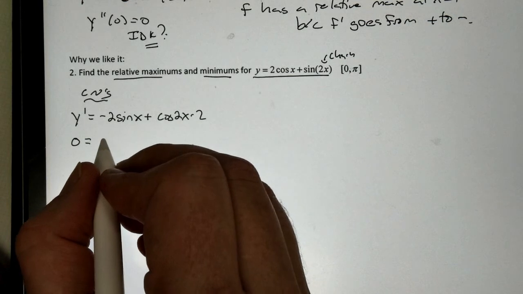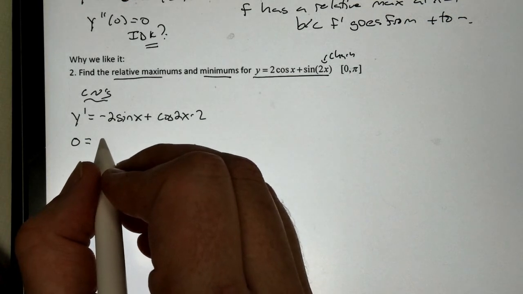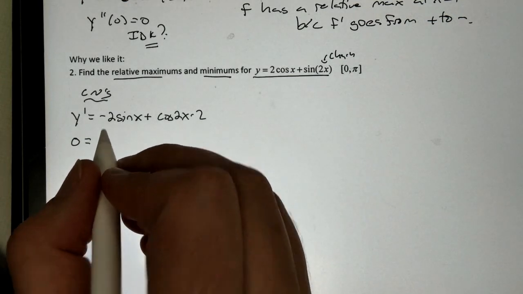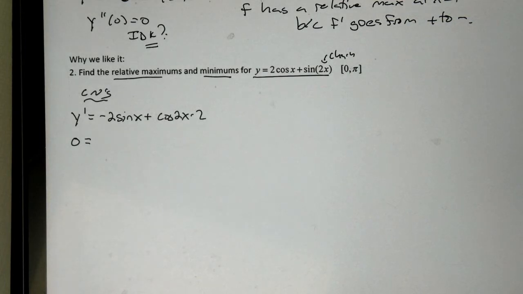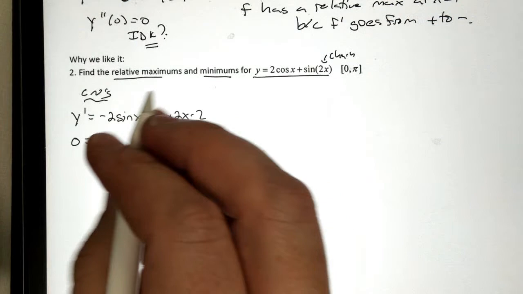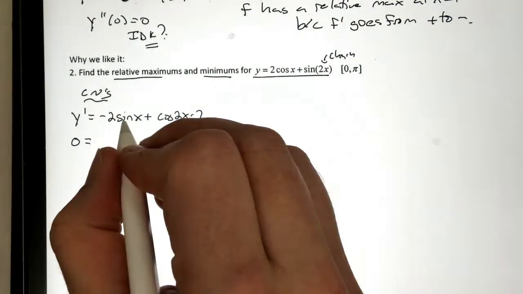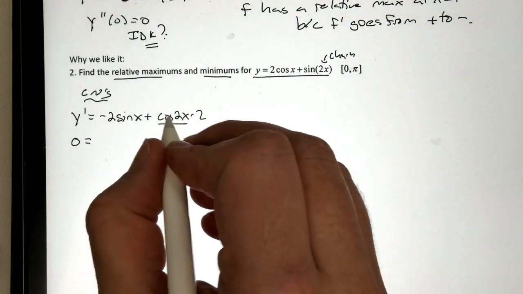I can factor out a negative 2 here. Once we set this equal to 0, we do have to change a little bit because I can't solve this as is. So I'm going to replace this.